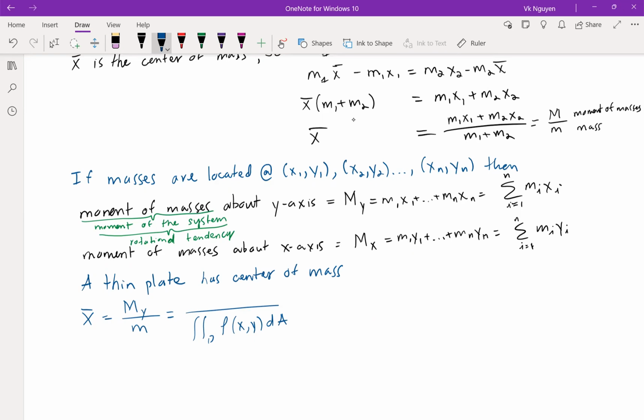It's the sum of the mass multiplied by xi. So xi is the distance to the y-axis.